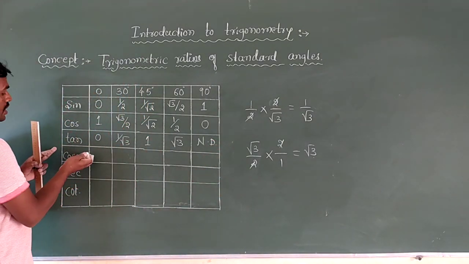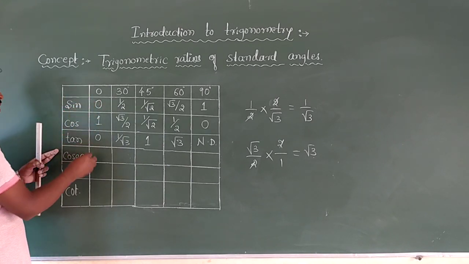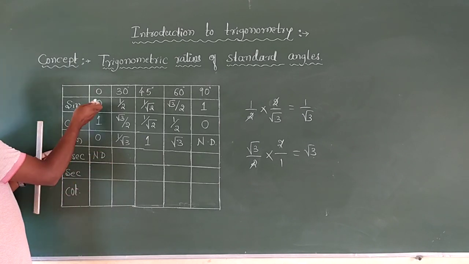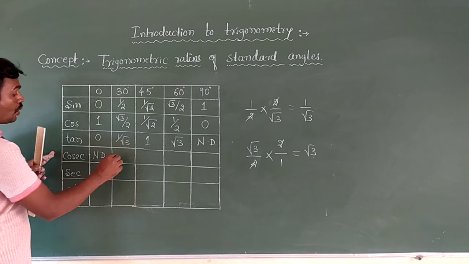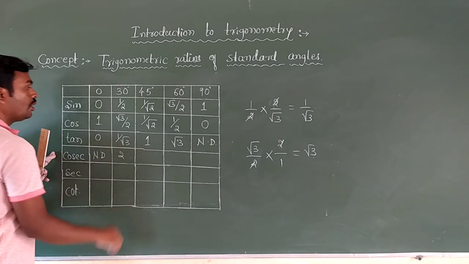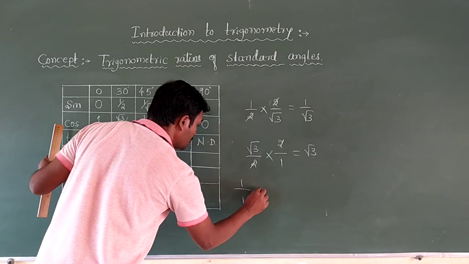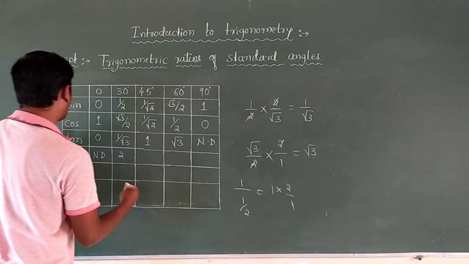Next, cosec is the reciprocal of sine, 1 by sine. Cosec 0 is 1 by 0, which is not defined. Cosec 30 is 1 divided by 1 by 2, which is 1 into 2 by 1, so it is 2.